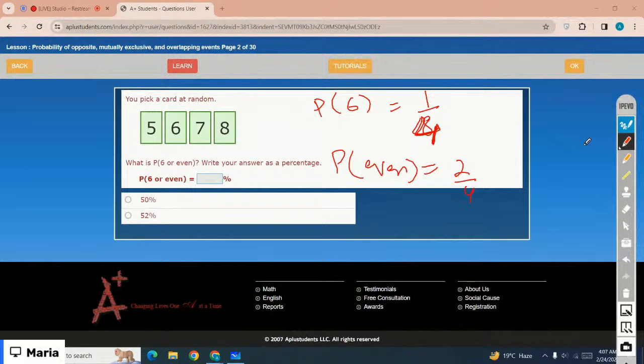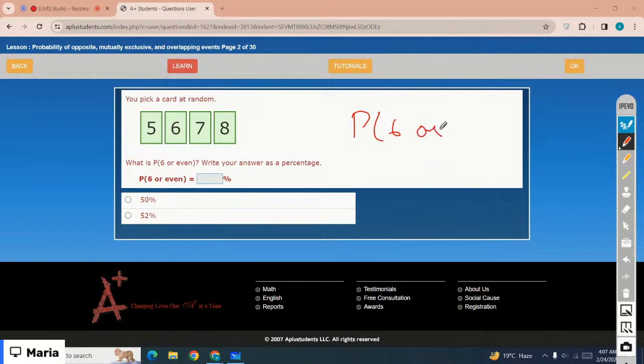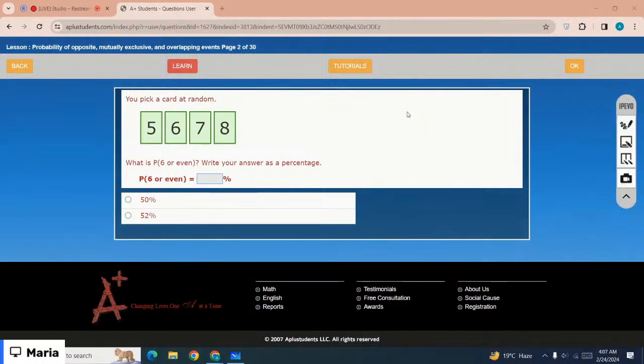So the probability of 6 or even is 2 over 4. That means that is 50%. The correct option is 50%. Got it?